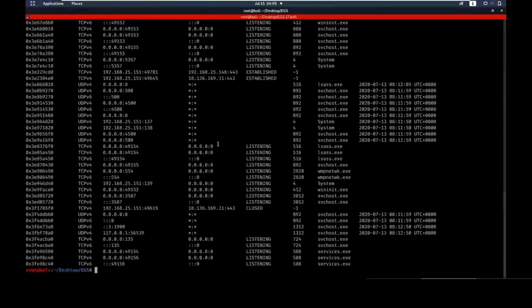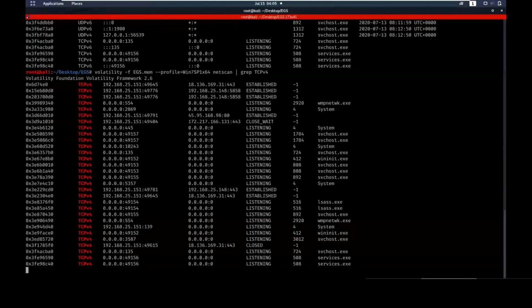Let's make it more readable. I'm not interested in UDP at the moment, so I use grep for only TCPv4. So here we have all the TCPv4 entries, just to play with the grep command and see how we can narrow down the information to focus on what we want.